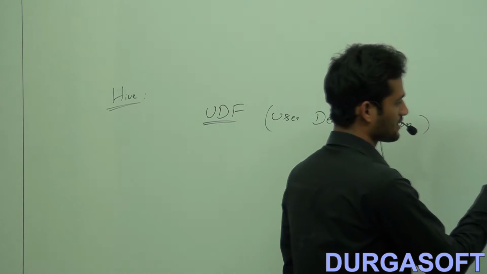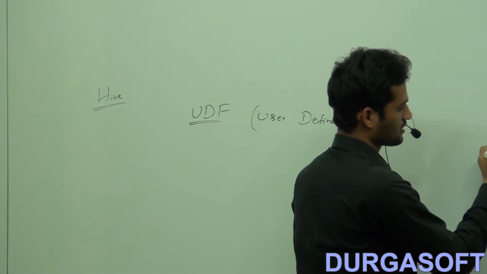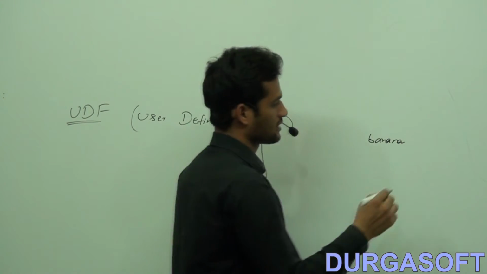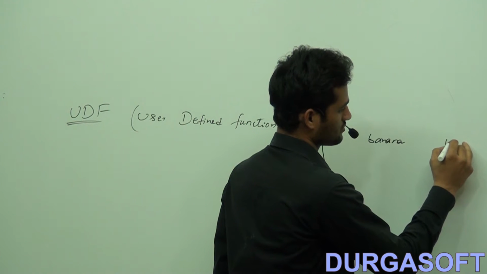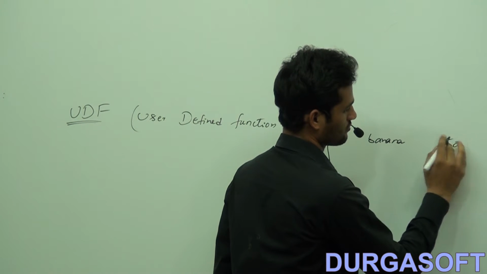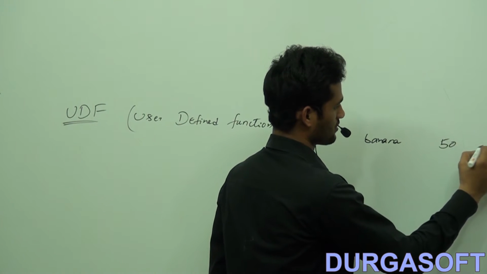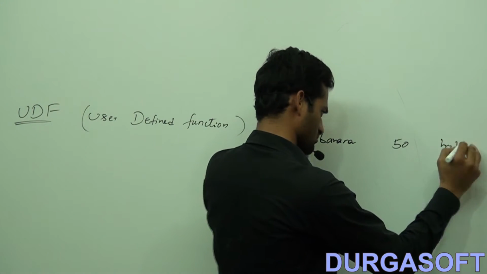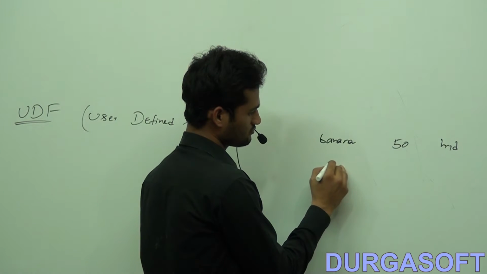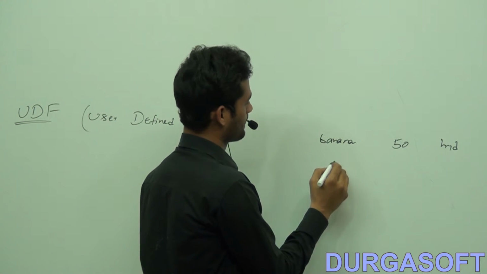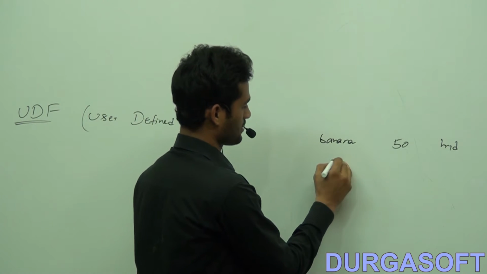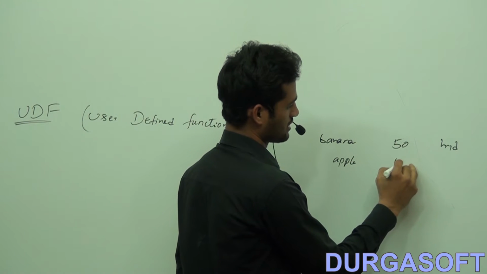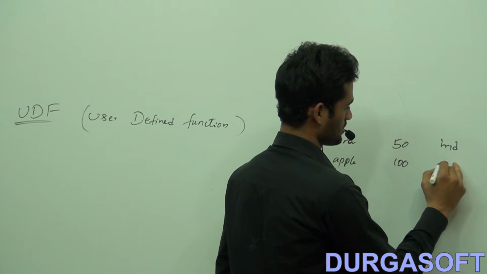Observe here now. Let's say I'm taking one small table. I'm taking banana, its cost, let's say 50 rupees, and Hyderabad. Next, I'm giving some other name, apple, 100 rupees, Chennai.